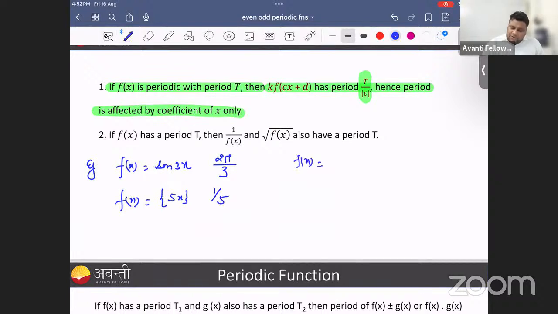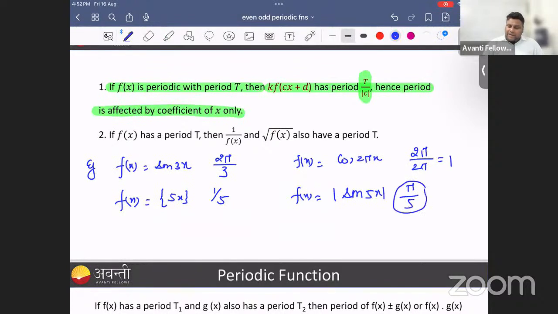If f(x) is cos 2 pi x, the period of cos x is 2 pi, so the period of cos 2 pi x is going to be 2 pi upon 2 pi, that is 1. f(x) equals mod of sine 5x. Now see, mod of sine x period is what? Pi. So mod of sine 5x period is going to be pi by 5. Got it?